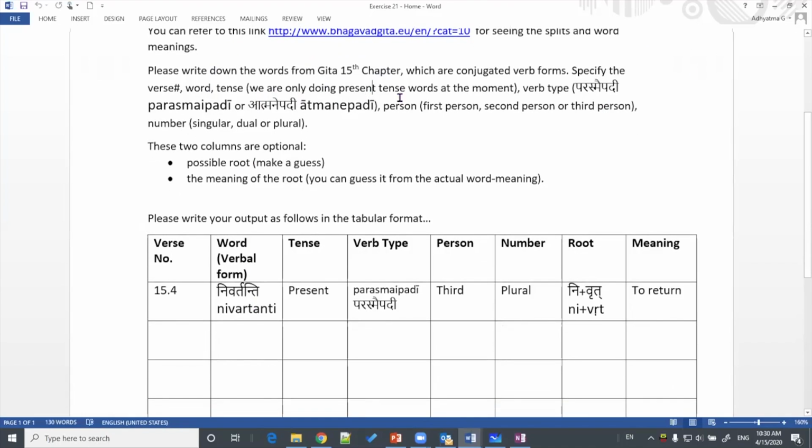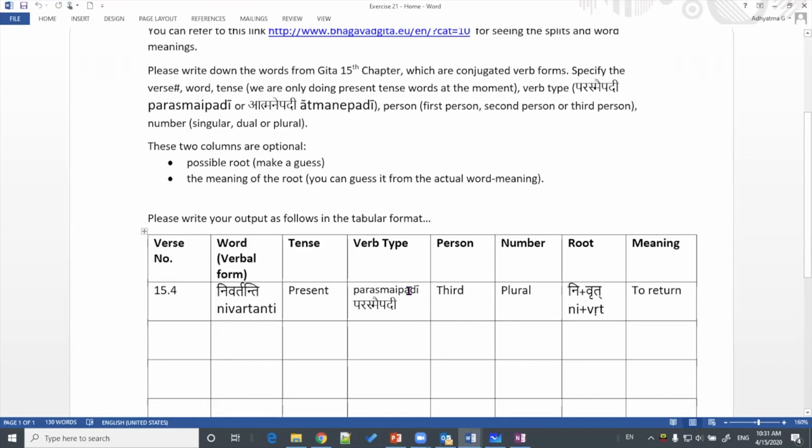So only the present, because we have only done the present tense so far. So you will prepare this table. I have given you one verb, for example. So what's number, word verbal form, nivartanti. What is the tense, which is going to be present, because that's what we have studied so far.